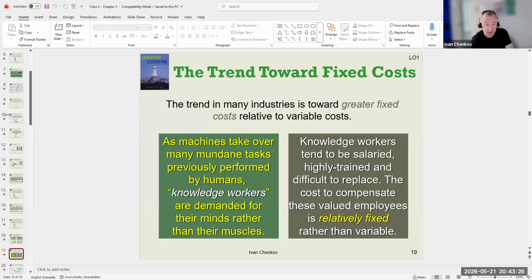The other example of how a variable cost can become a fixed cost is very simple. Imagine driving a car. Cost of the gas: what kind of cost is it, variable or fixed? It's a variable cost. The more you drive, the more you pay. The less you drive, the less you pay. But there's a catch. You just got a job. You're living in downtown Vancouver, and you got a job in Abbotsford.